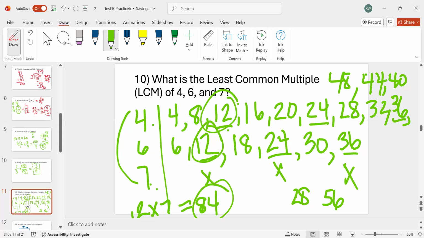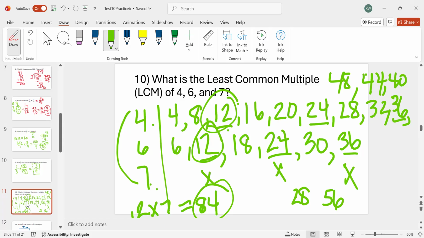Oh my goodness. I picked some hard numbers for that one. So the least common multiple for 4, 7, and 6 is 84. Wow. If you were trying to figure this out, you would be trying a lot of things to get up there with the calculator.